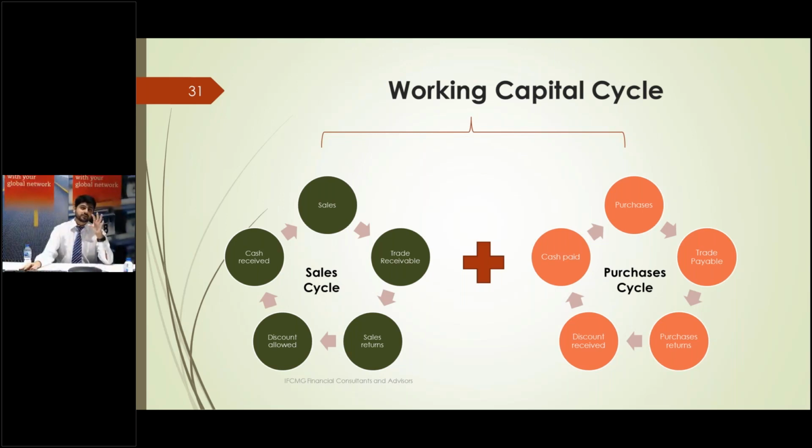Correspondingly, when we make credit sales, we initiate the sales cycle where someone else is using our funds to finance their business. However, we will have to pay from our own pocket to cover the duration of that. So ideally, our purchase cycle should be greater than our sales cycle, so we'll be leveraging someone else's funds to use in our business.